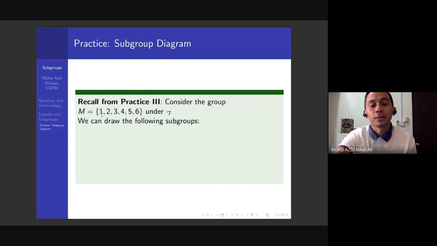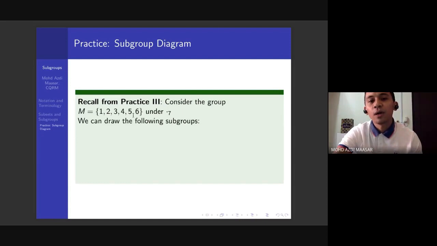So we know the behavior of the elements in M. Previously you drew the table, listed out the inverse of each element, and found the identity element. So next let us draw the subgroup diagram.